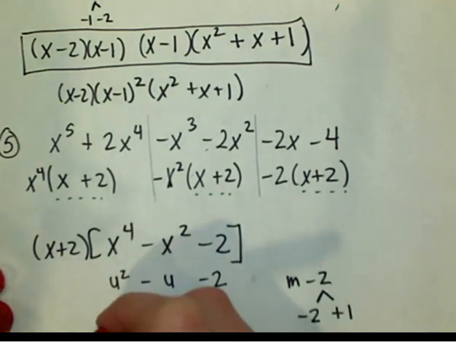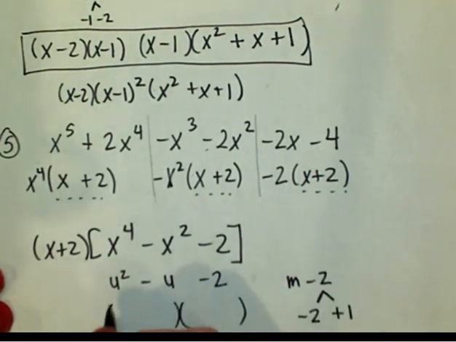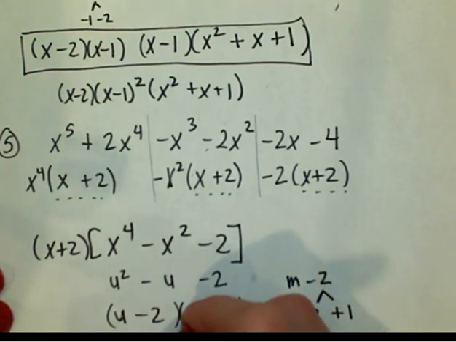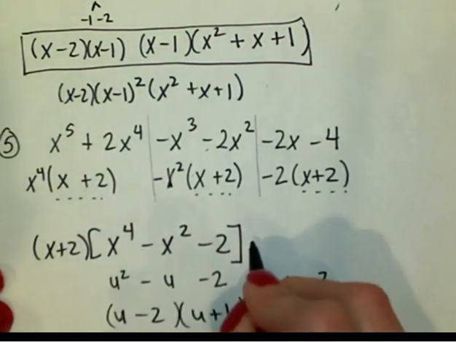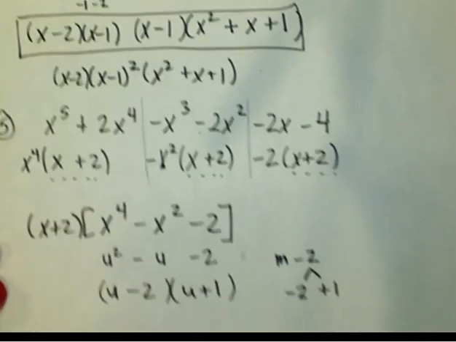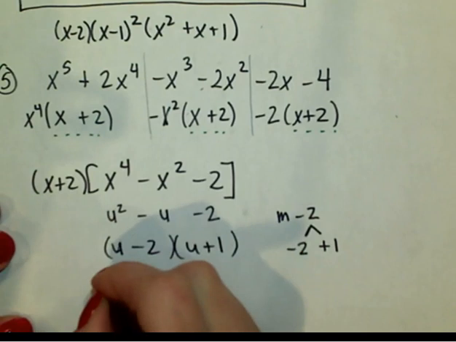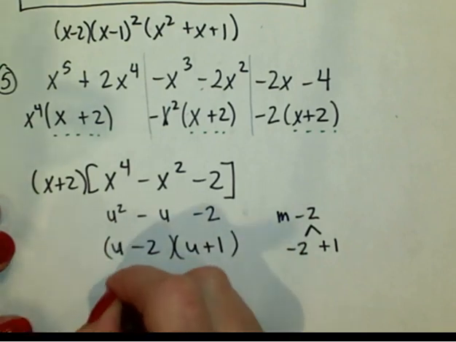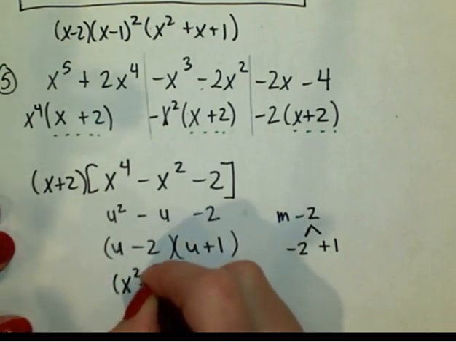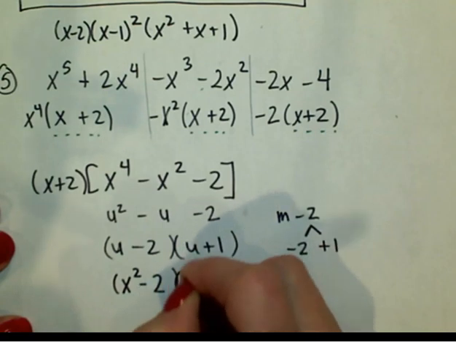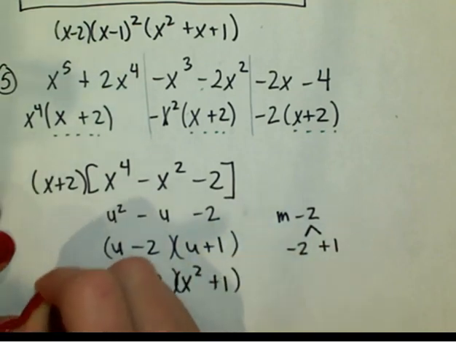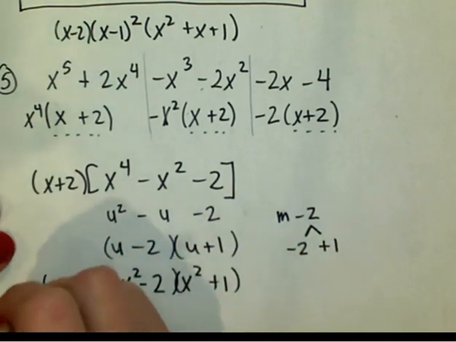All right: u minus 2, u plus 1. But if I start with x's, I have to end with x's. Okay, x squared minus 2, x squared plus 1, and copy down the remaining factors.